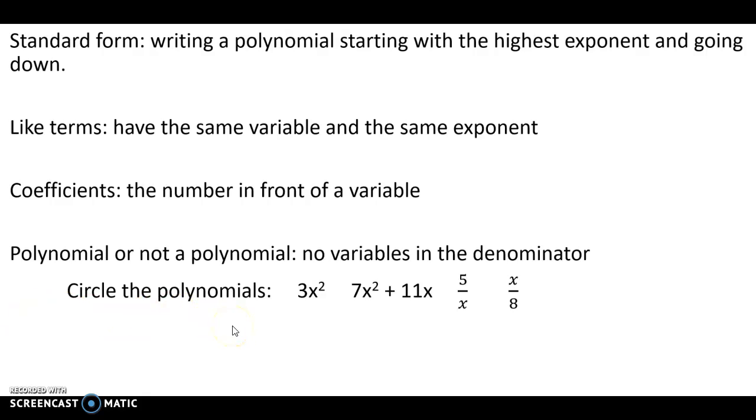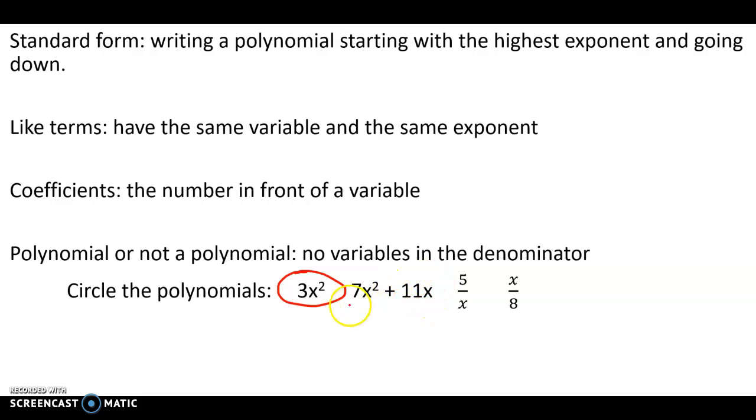So in this example, we want to know if it's a polynomial or not a polynomial. A polynomial cannot have variables in the denominator. So if we wanted to circle the polynomials here, 3x squared is a polynomial. 7x squared plus 11x is a polynomial.